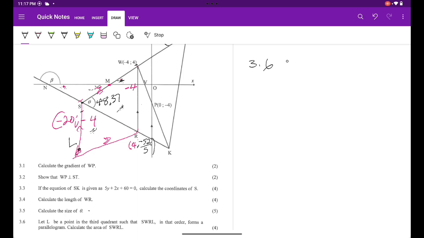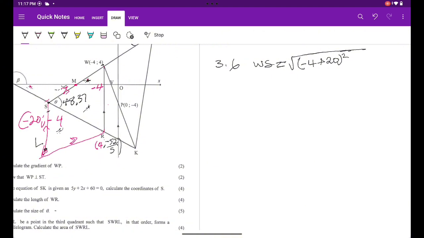So the length of WS is simply the square root of we have X values, which is -4 minus -20, so we can just say it's +20 all squared, then plus the Y values, it's a 4 minus -4, so it's going to be +4 all squared.